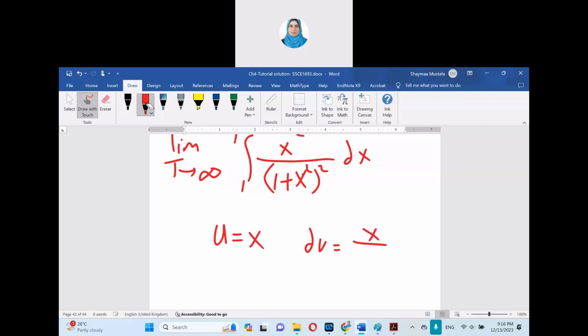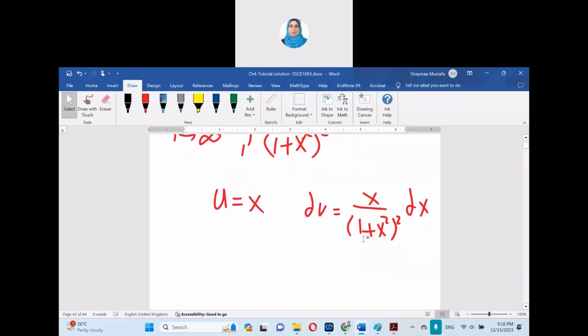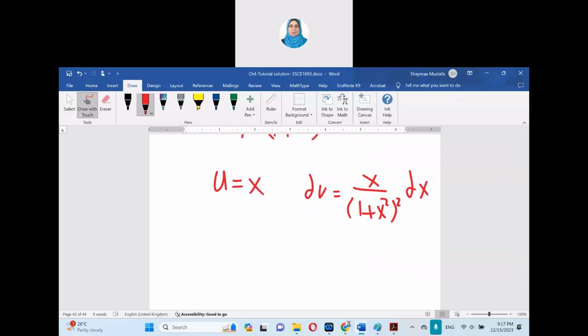Take dv equal to x over (1 plus x squared) squared dx. Now here, this one by substitution: take t equal to 1 plus x squared, then dt equal to 2x dx.